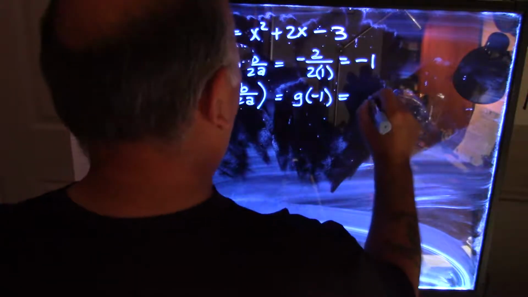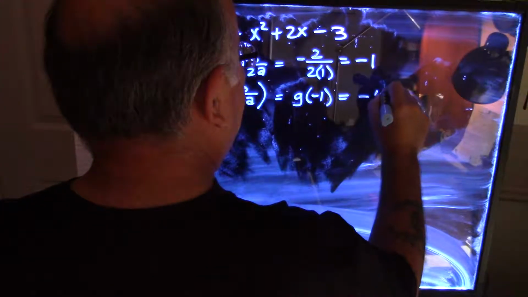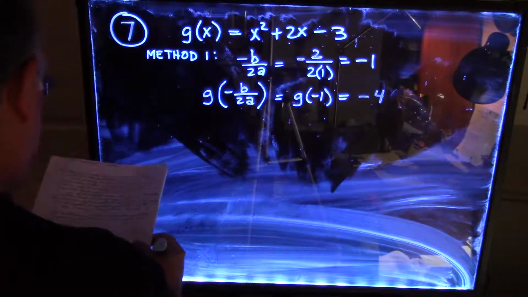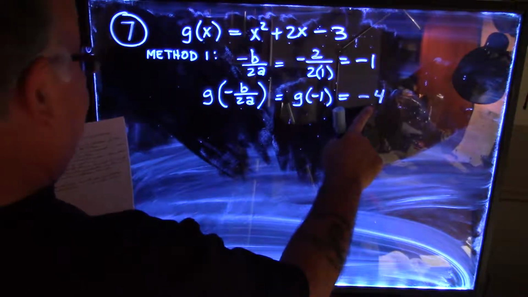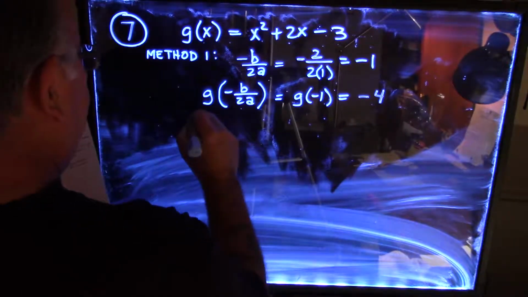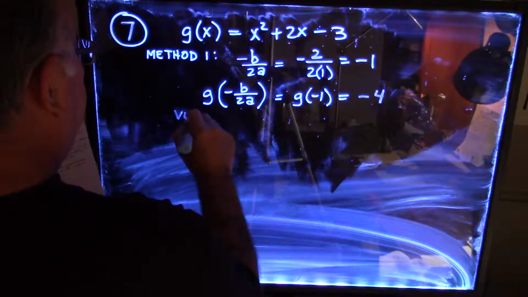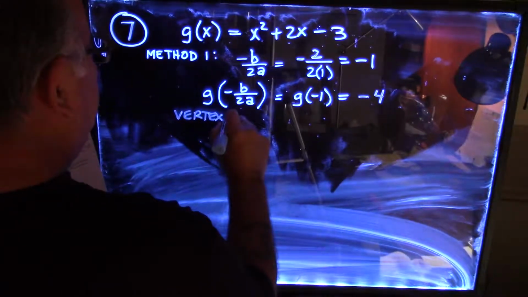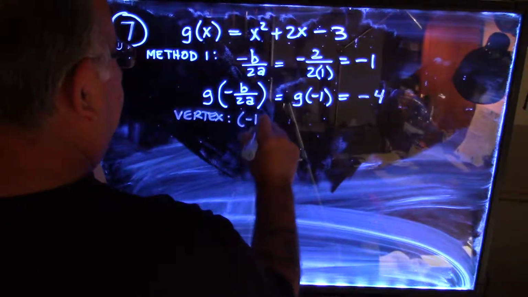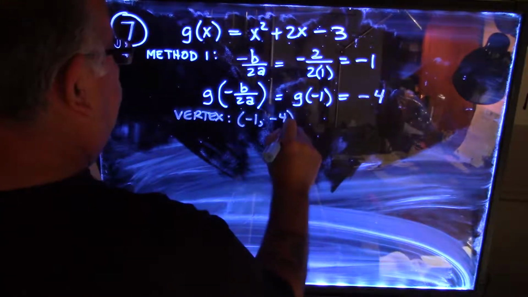You get negative 4. I'll leave the details to you. So this gives us the x-coordinate of the vertex, and that's the y-coordinate right there. So there's your vertex: negative 1 and negative 4.